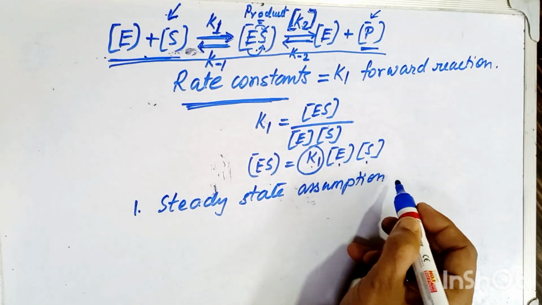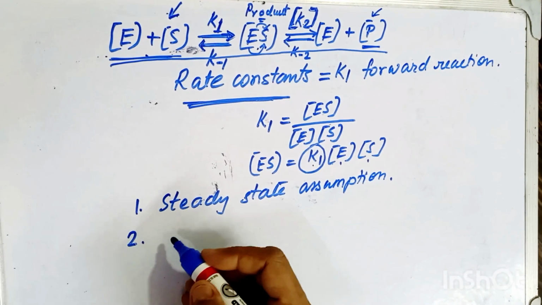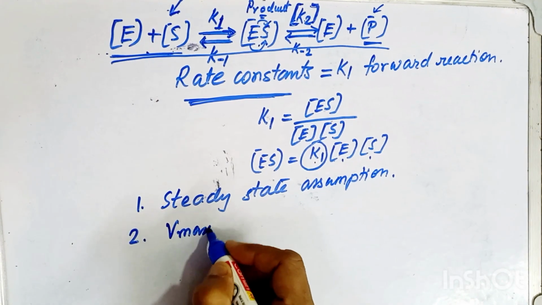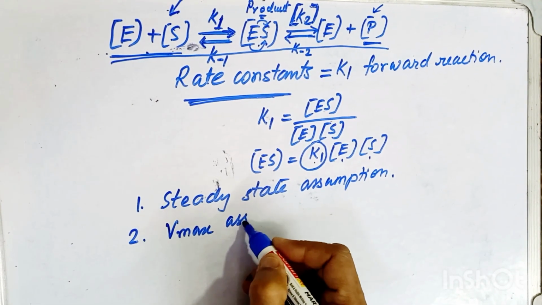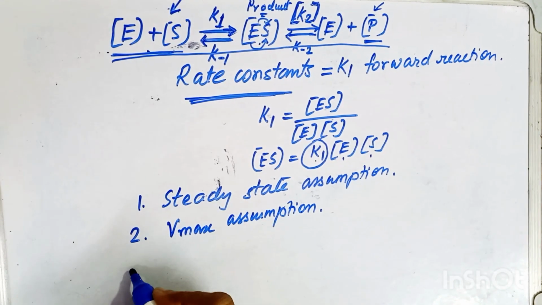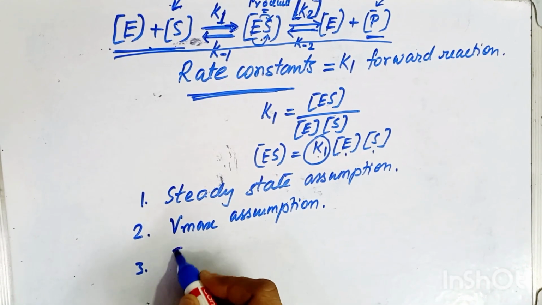The second assumption is the Vmax assumption. And the third assumption is the initial velocity assumption.